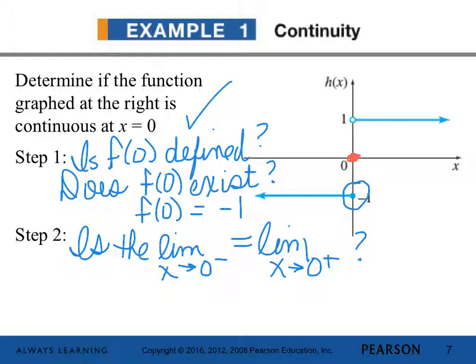Well, we see that the limit as x approaches 0 from the left is -1.